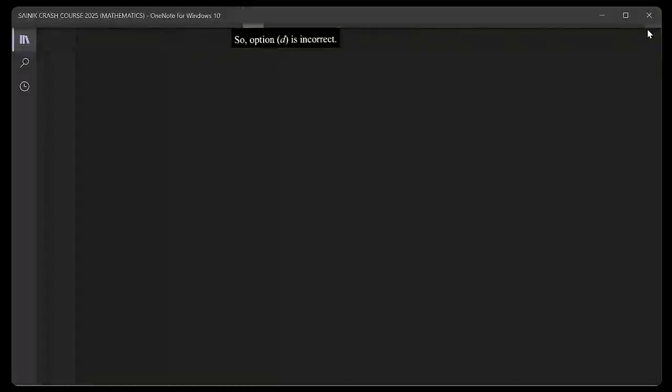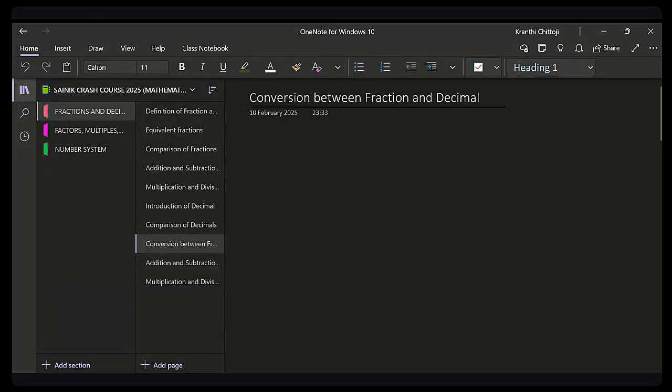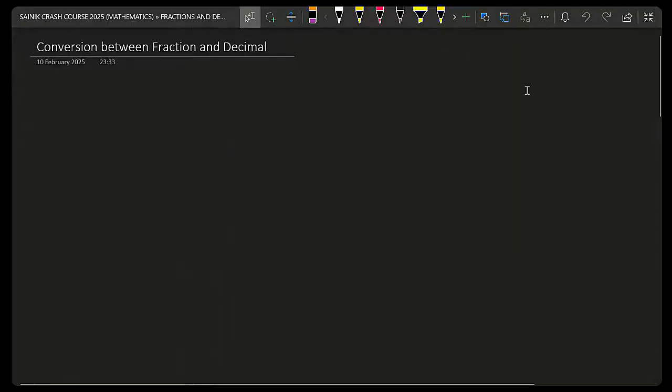So this is about comparison of decimals. Conversion between fraction and decimal we already discussed. Now let us take one more example here. Let's take something like 10 by 3. Sometimes there will be recurring decimals. So the numerator is 10.